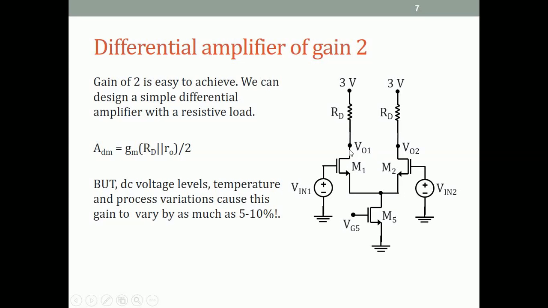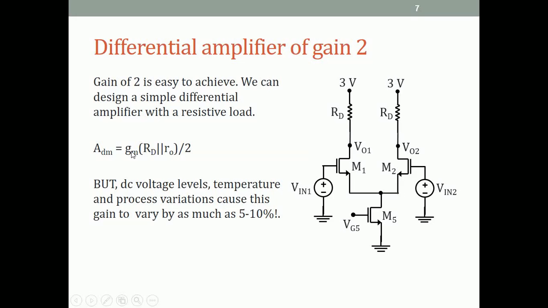The gain of 2 does not stay constant at 2 for this amplifier. It varies with temperature, process variations, and in fact with the DC voltage levels, because there is a Gm here.